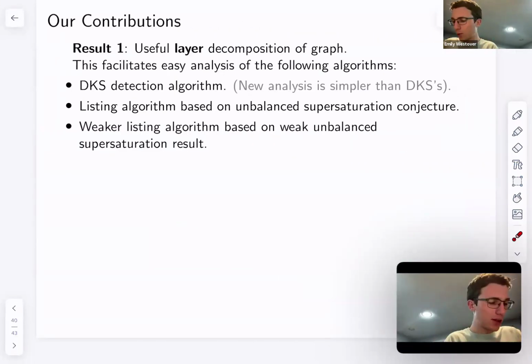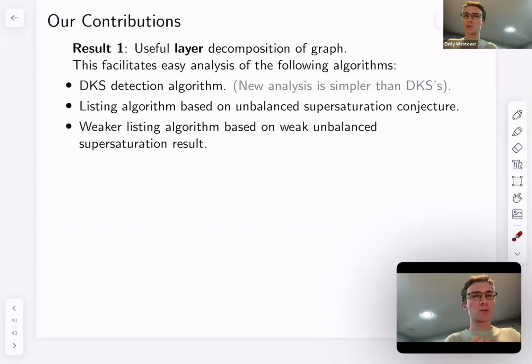So the way that our improvement works is as follows. We have some lemma where we take a graph and we are able to make this really nice layered decomposition of it, where there's some kind of regularity property between the vertex sets, and somehow this layered decomposition facilitates counting the cap walks in a really nice way.